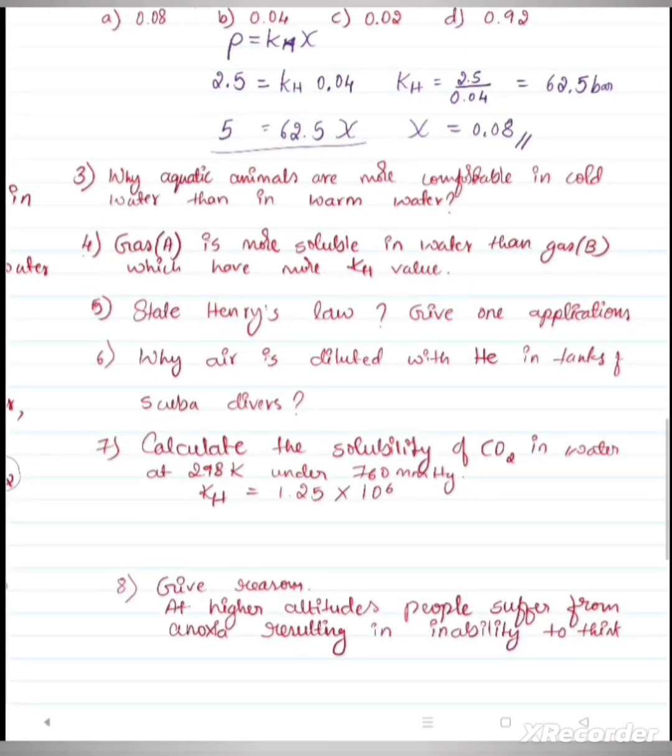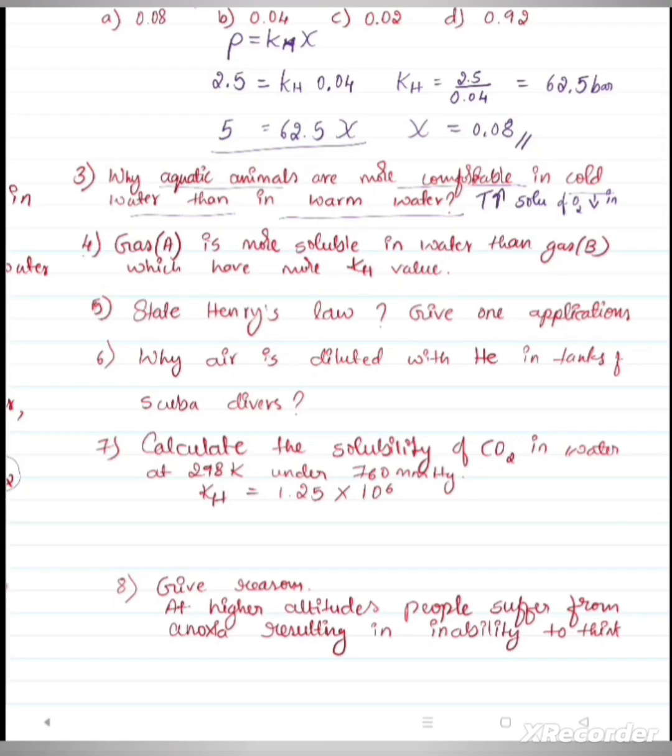Then next one: why are aquatic animals more comfortable in cold water than warm water? I already told, if temperature increases, solubility of oxygen decreases in water. So in hot water the amount of oxygen is very less, and it is not comfortable.